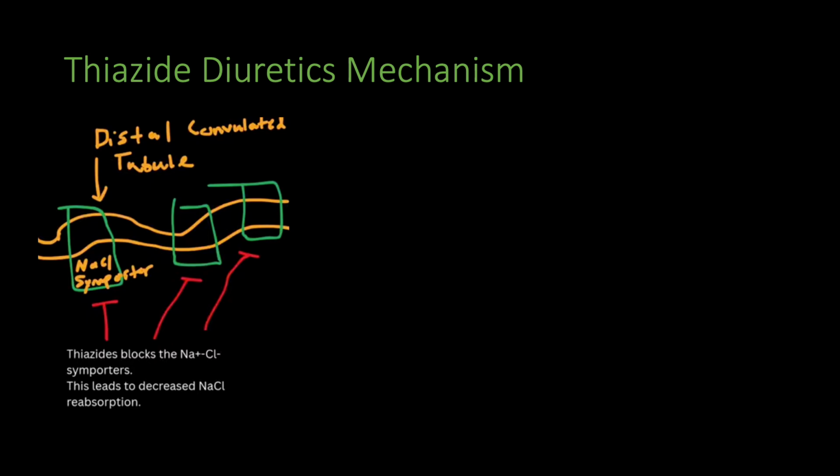When a thiazide diuretic is used, it blocks these symporters or co-transporters. Rather than being reabsorbed, the sodium chloride continues down the distal convoluted tubule and works its way to excretion. This is one way of reducing blood pressure.